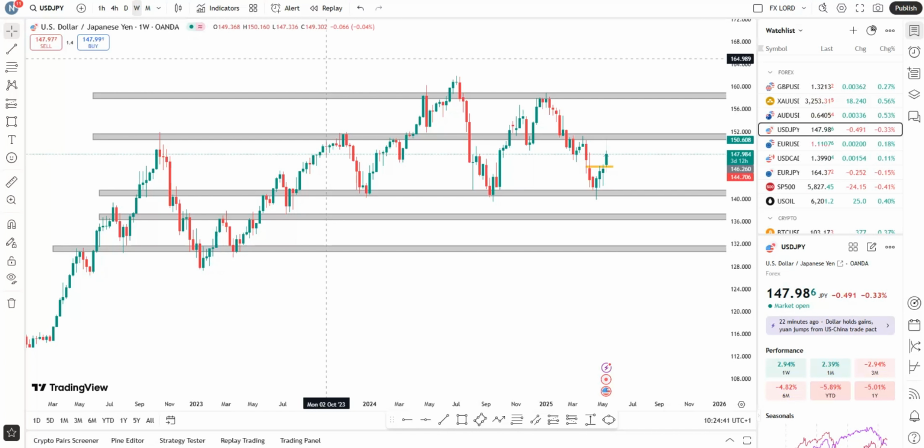Now, before I give you an illustration on the chart of what support and resistance really mean, I'm going to tell you a story here. When I first started out trading, one of the concepts that changed my life is support and resistance.